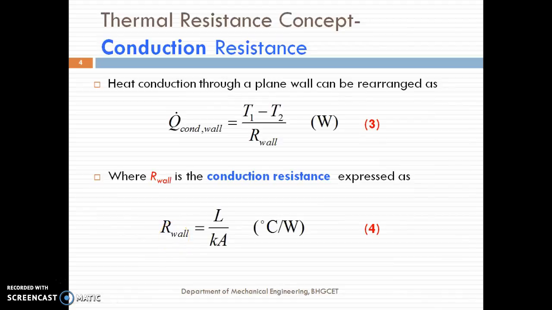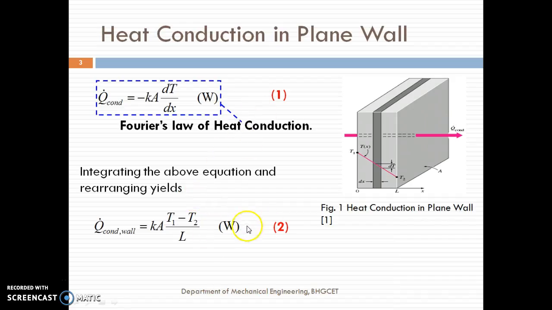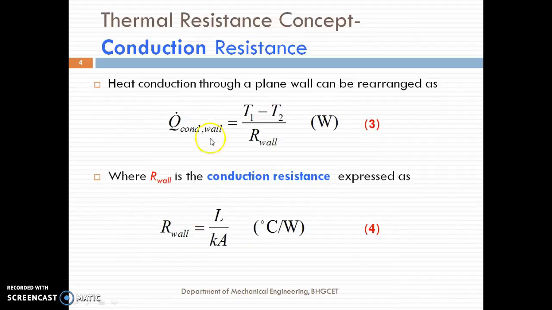Thermal resistance concept. What is conduction resistance? We rearrange equation number 2 in the form of rate of heat transfer by conduction in wall equal to (T1 minus T2) over R wall, where R wall is the conduction resistance.